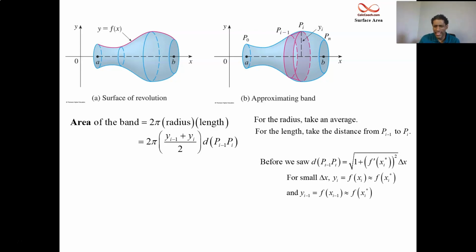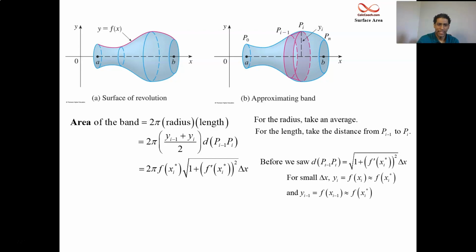So you can replace the f of x_i with f of x_i star, and then the other one, you can replace y sub i minus 1 with f of x_i star.